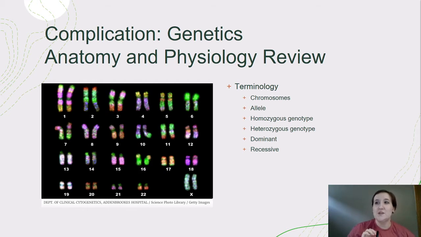Okay, so then we have doubles of all of that together, and that gets to our 46 chromosomes. Alleles. This is a variation of a trait. There are two genes each inherited, one from the mother, one from the father.